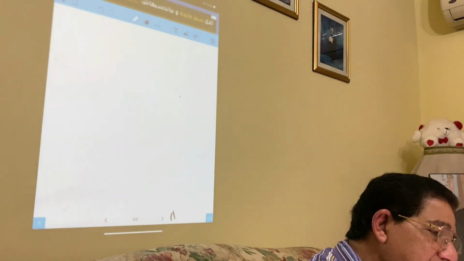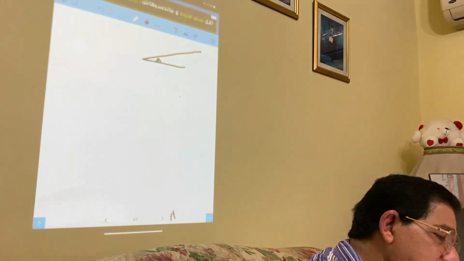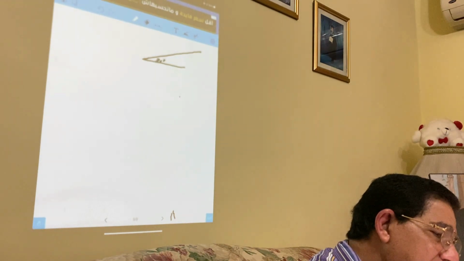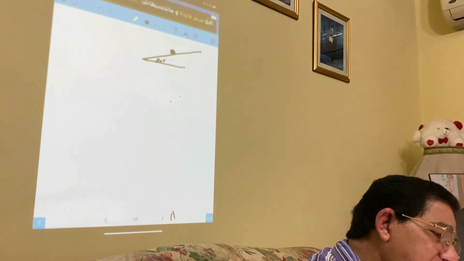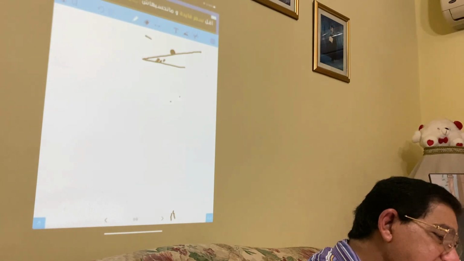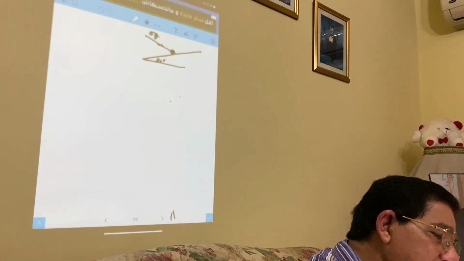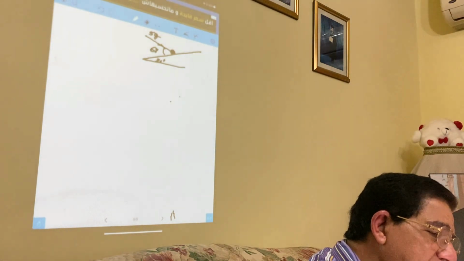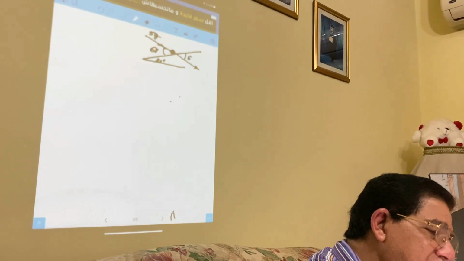In the diagram, the slope makes 30 degrees with the horizontal. This is 30 degrees, and this is the particle. The force acts on the particle making 60 degrees with the slope, and the force is 5g.